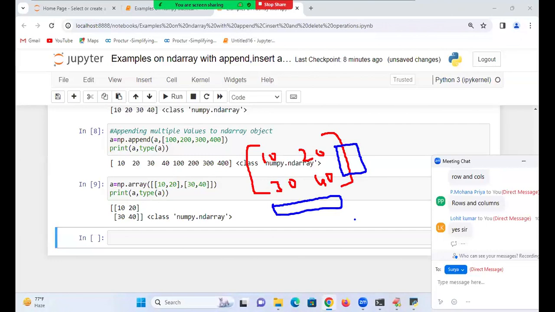How can you do this without the append function? By using hstack and then vstack. Hstack and vstack. Day by day, whenever I say something, you remember today and forget tomorrow.